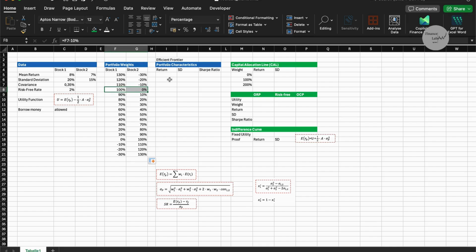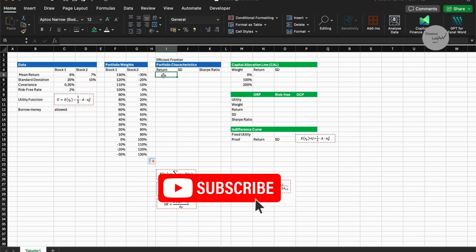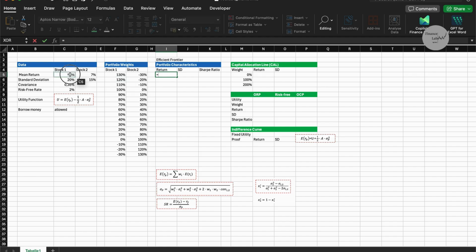And now we can compute the expected return of the portfolio using this formula right here. So the expected return of a portfolio is just the weight of the portfolio multiplied with the mean return of this stock. So let's start with the 8%.